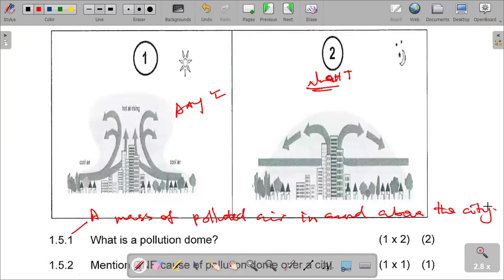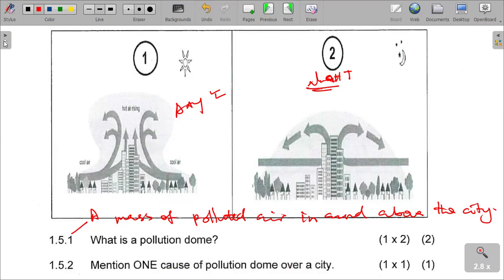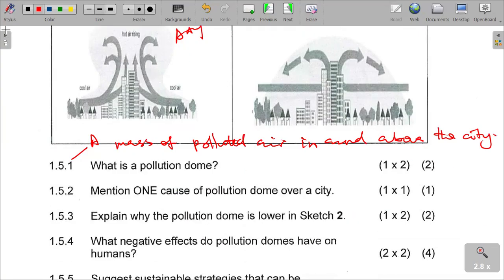That's what we call a pollution dome, a mass of polluted air in and above the city. I'm sure that sometimes you see some domes of pollution, air that is just skyrocketing in the city.